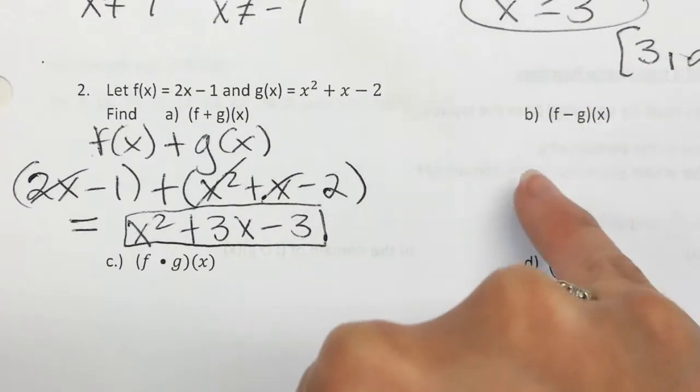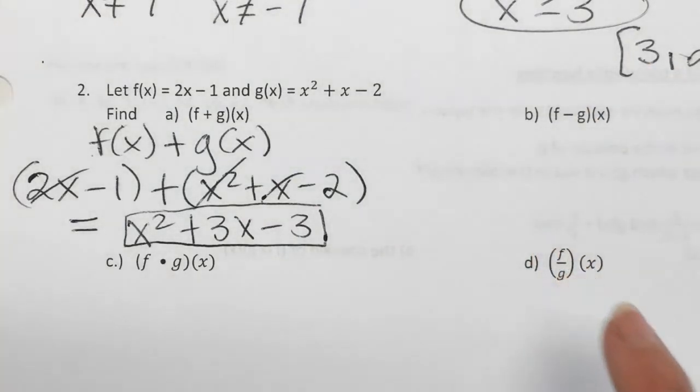So just combining like terms. This one's the same thing except you're subtracting g. Try this one on your own. B. So set it up just like we did, except this time there'll be a minus sign here. Then combine like terms. Try that.